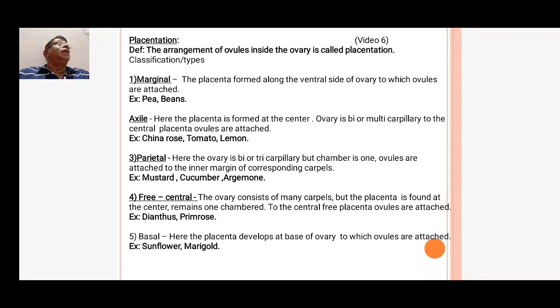Next, axial placentation. What is meant by axial placentation? In this type, the placenta is formed at the center of the ovary. The ovary may be bicarpellary or multicarpellary.